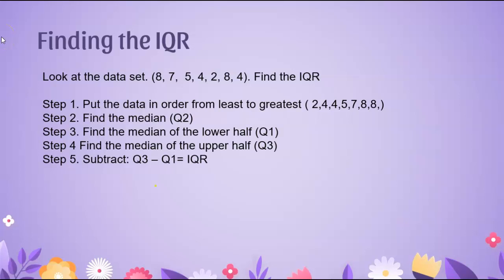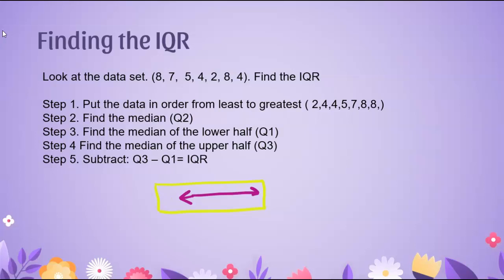So you have this interquartile box, and you want to find the length of the box. If you don't have a graph, you don't have to graph it. You still have to find the median of each part of the data.